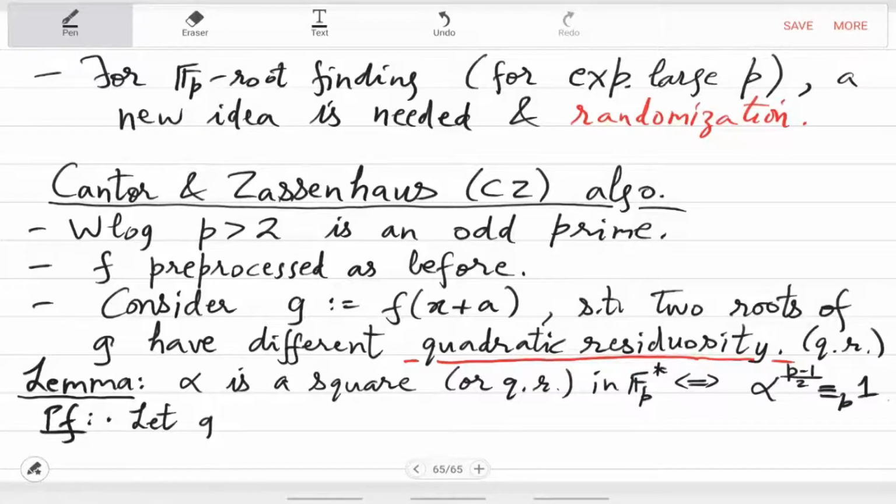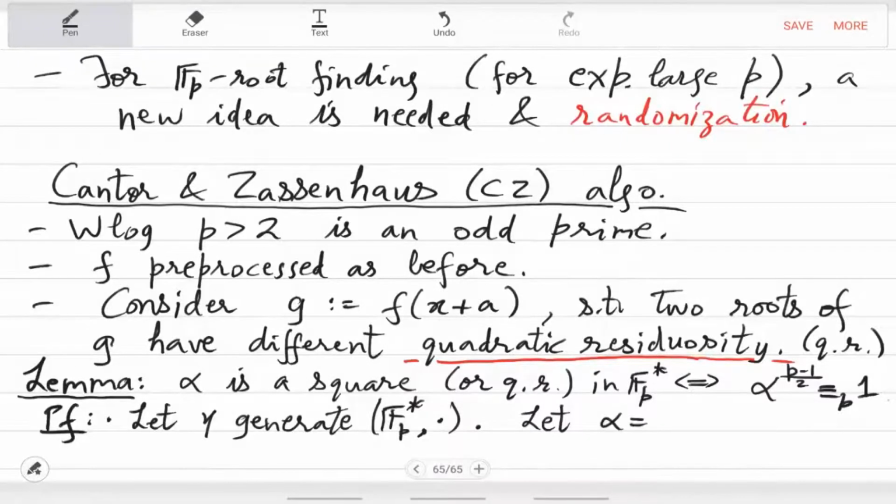Let gamma generate Fp star multiplicatively. Then you can express alpha as gamma to the I. Actually, one side is quite simple, you don't need gamma.